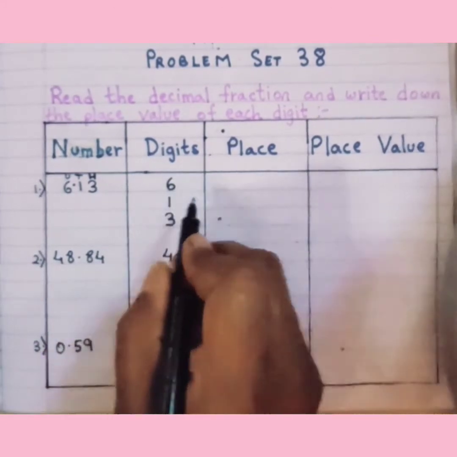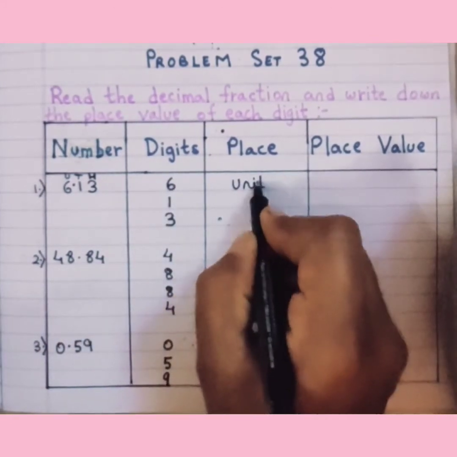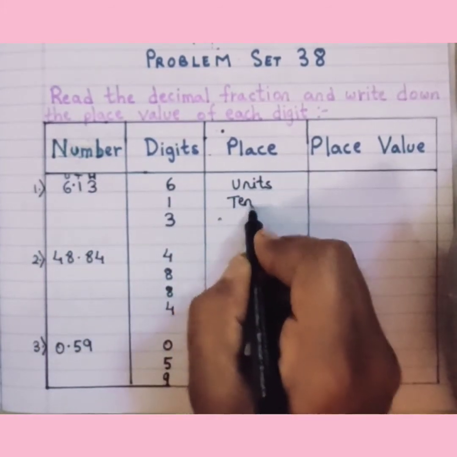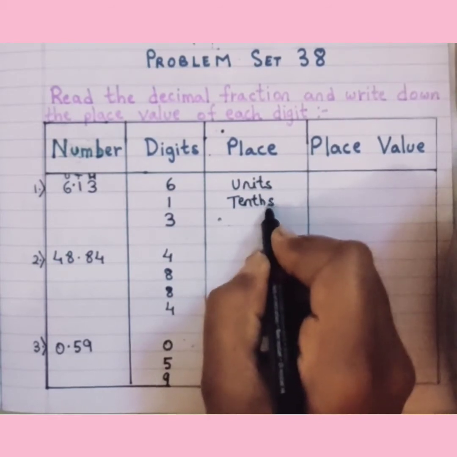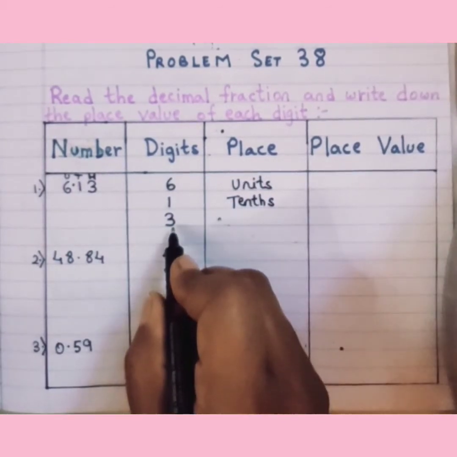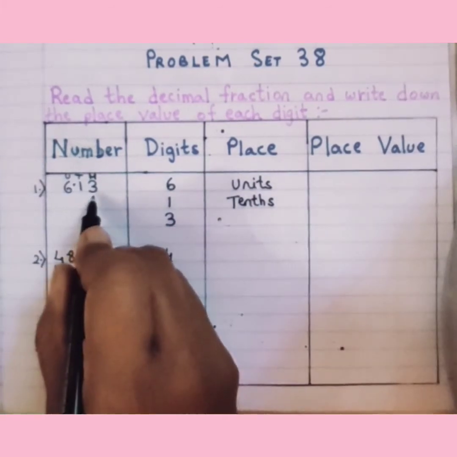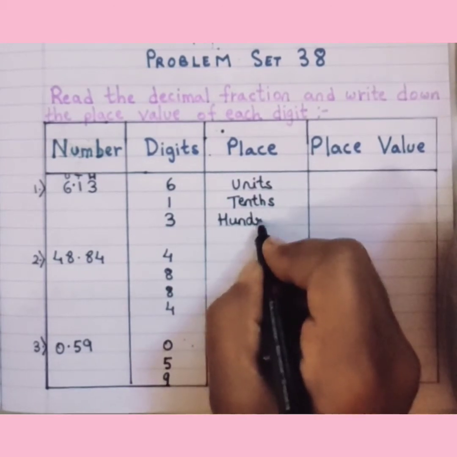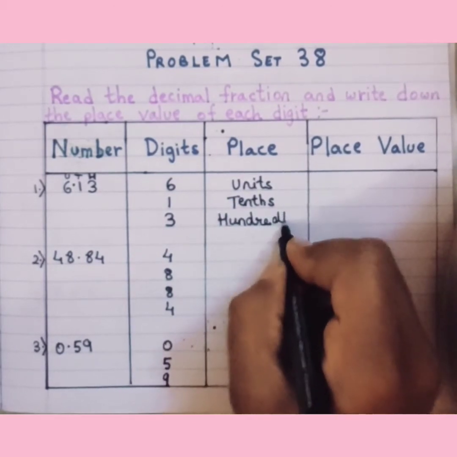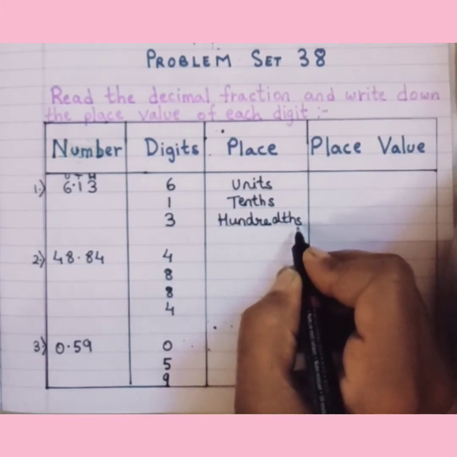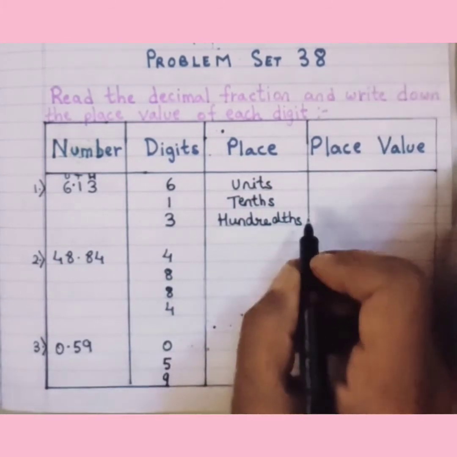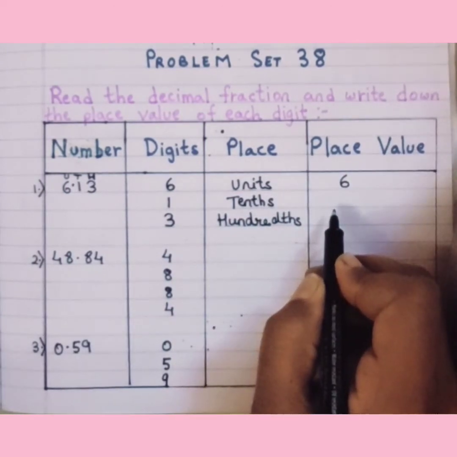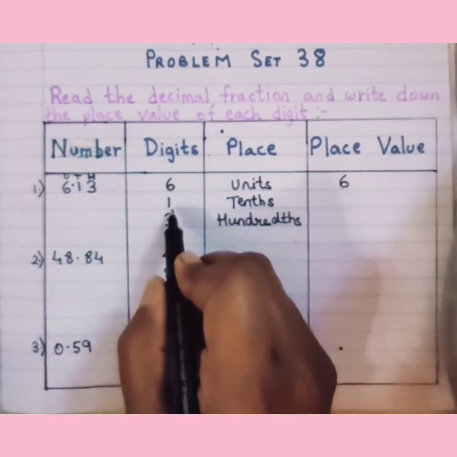So here 6 is in units place, 1 is after the decimal point so we will write tenths, and 3 is also after the decimal point in hundredths place, so we are going to write hundredths.